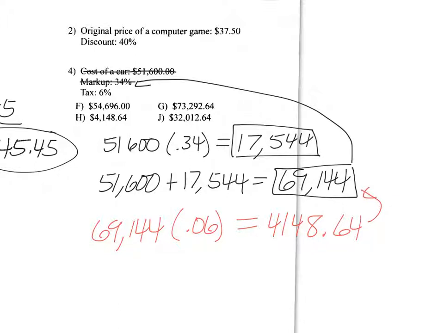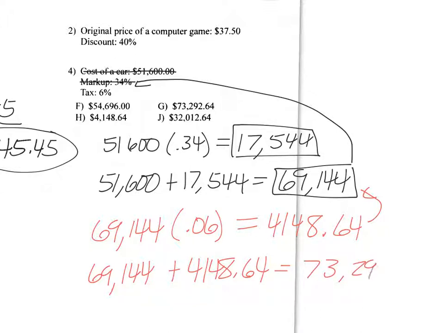That value is gone after I did the markup. So now I do 69,144 plus 4,148.64, and if I do that, I get 73,292.64, which is answer G.